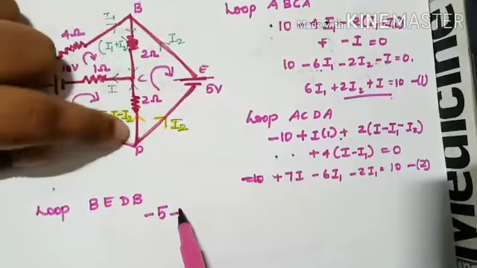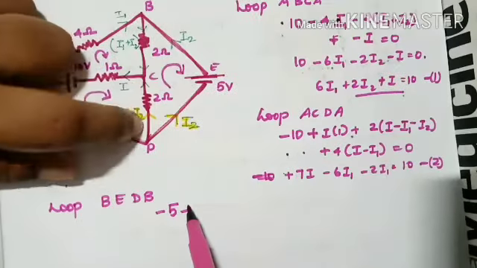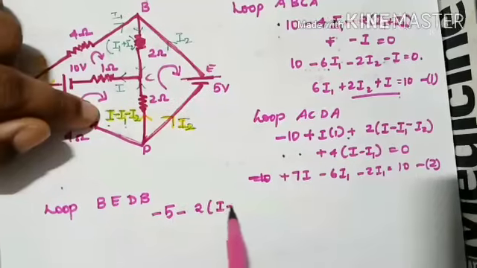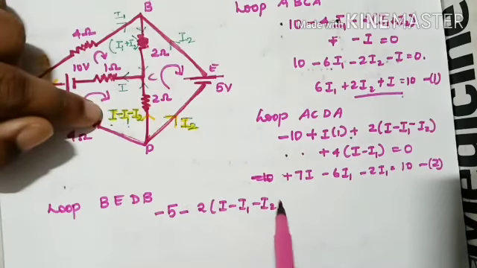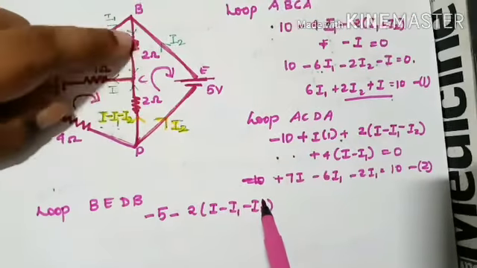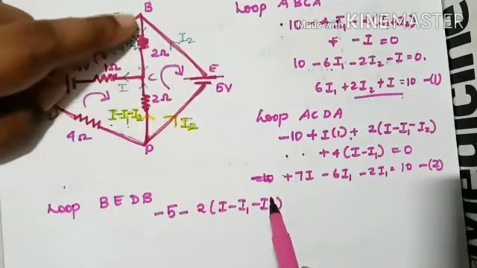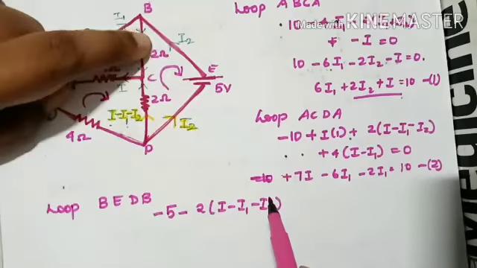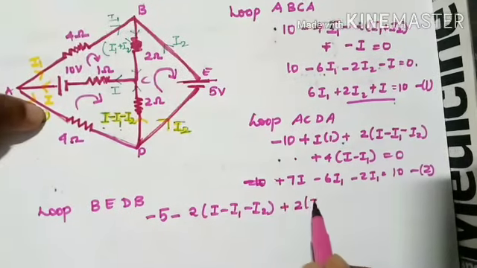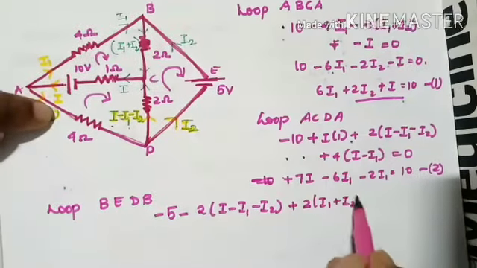Then minus 2 into (I minus I1 minus I2), because I'm moving in the same direction as the current in the 2 ohm. Then it reaches here. I'm moving in the opposite direction to the current: the current is in downward direction and I'm moving upward. So it is plus 2 into (I1 plus I2).